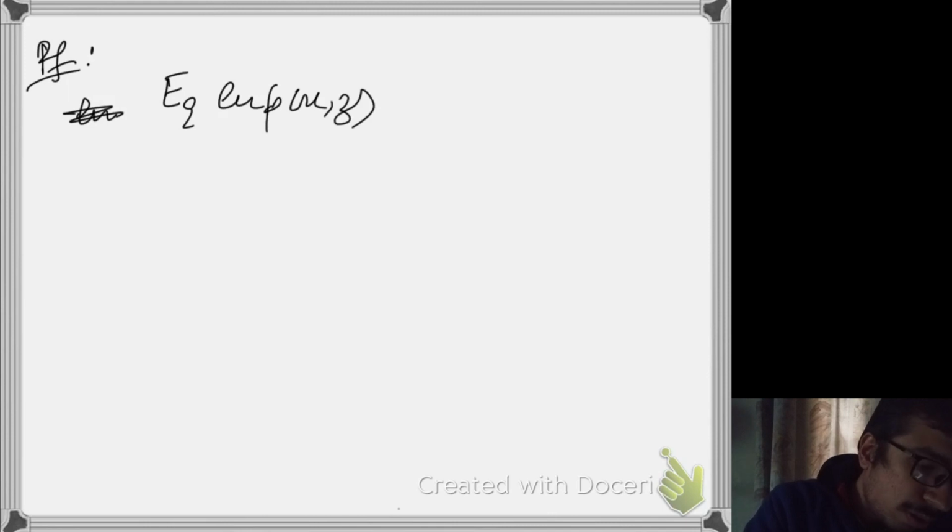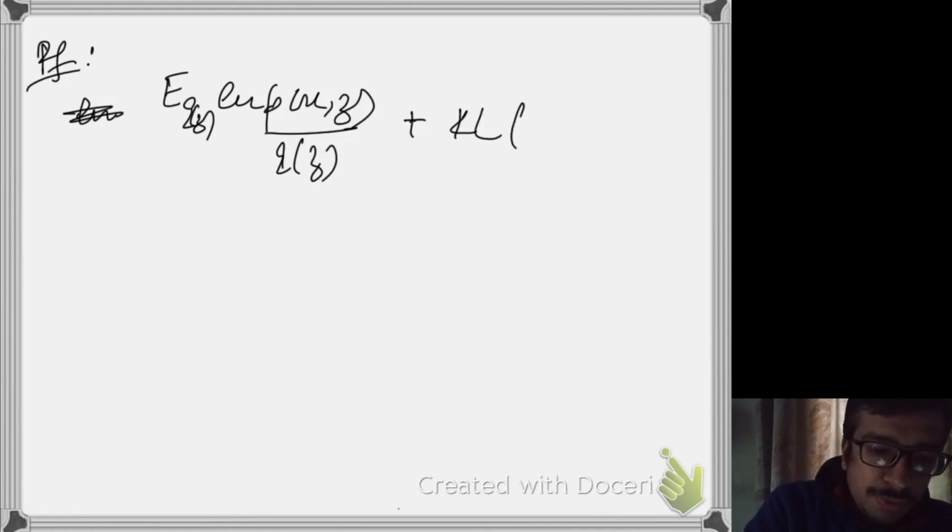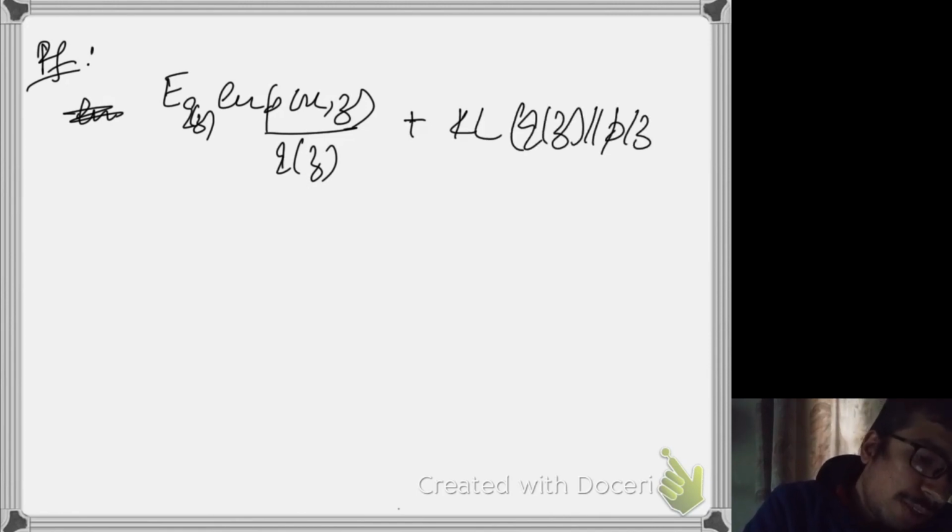In order to prove this claim, I would want you to pause the video and try to prove this claim yourself. But what I can do is give you a short idea. If I look at the RHS, what I had was log p(x) equals the expectation over q(z) of log p(x,z) by q(z), plus the KL divergence between q(z) and p(z given x).